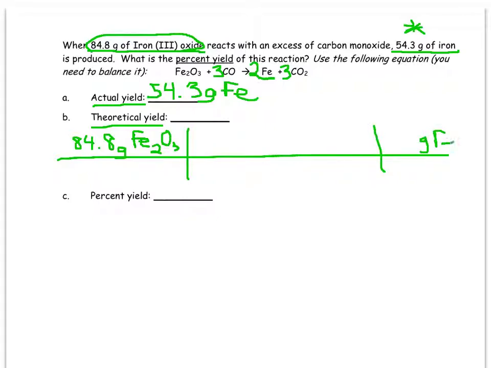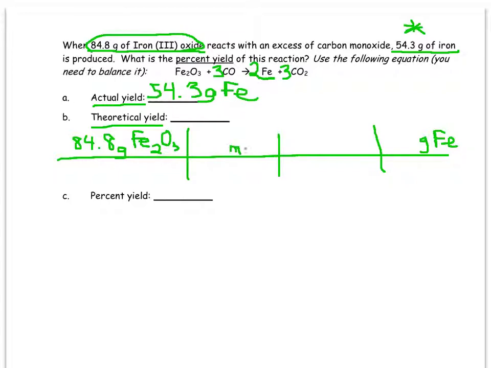The reason we're going to do this is our actual yield was in grams of iron. That was its unit. So therefore, we need to get our theoretical yield in that same unit so that we can compare them. Okay, so we've got our 84.8 grams of iron 3 oxide.